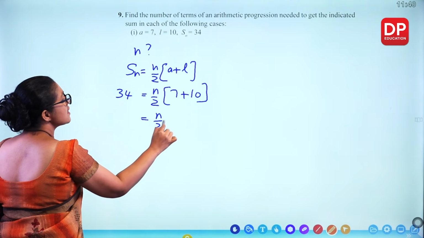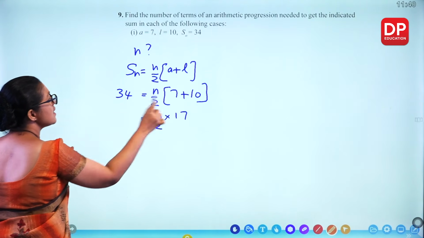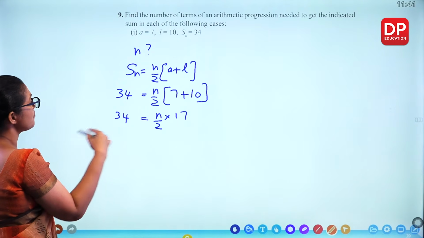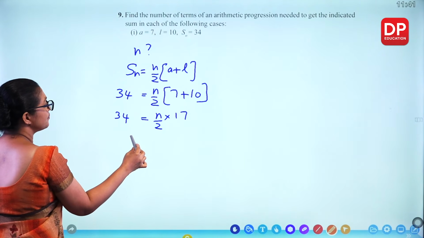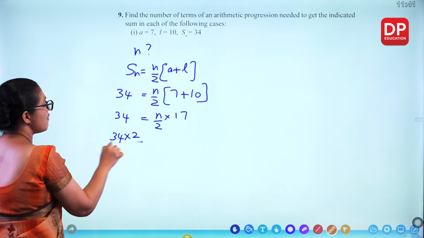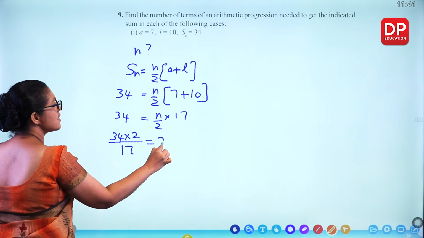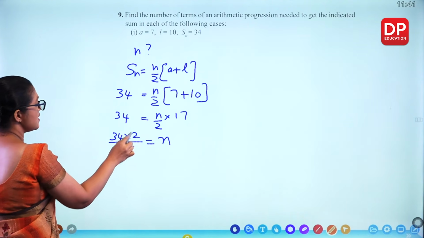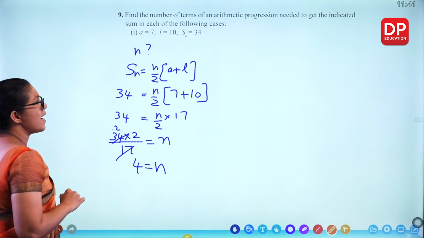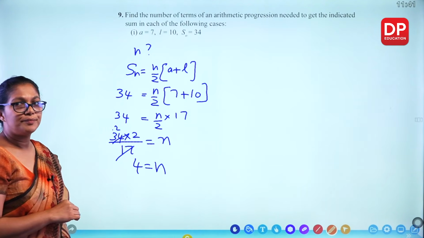Substitute, you get 17, this is 34. Cross multiply, 34 times 2 divide by 17 is n. 17 times 2. 2 times 2, you get 4 as the n value.